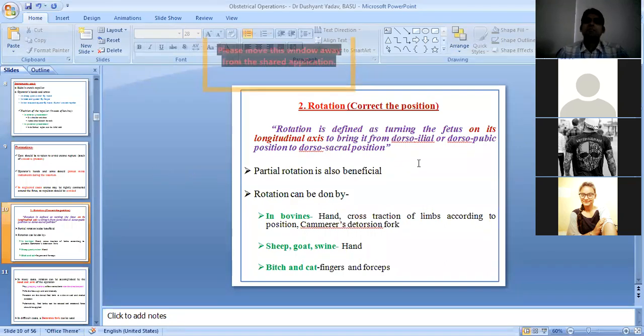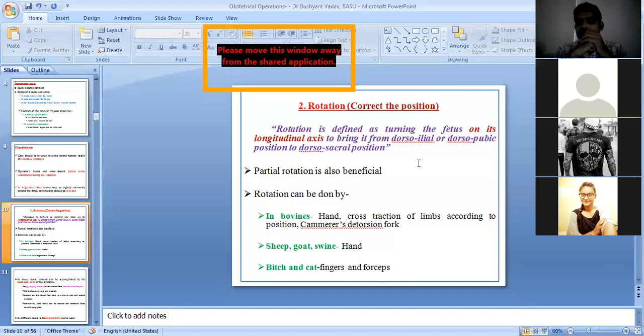Partial rotation is also beneficial. Sometimes partial rotation is necessary, as in cases of posterior presentation or in cases of the deviated head. Partial rotation is also required.